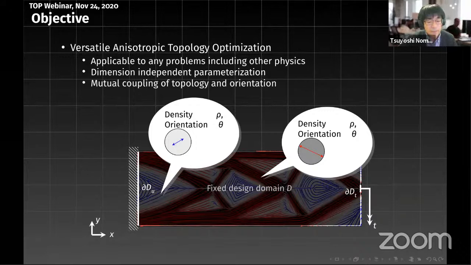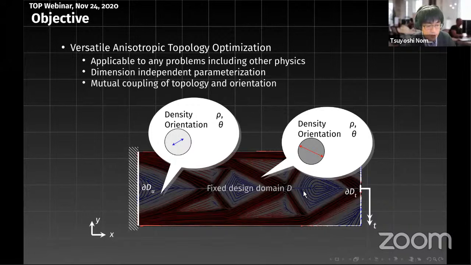I want to make the method dimension independent, so that you don't have to prepare one method for 2D and another for 3D. I want to propose a unified formulation, and I want to observe the mutual coupling of the topology and orientation. That is the goal of my objective. So the problem I want to solve is this.